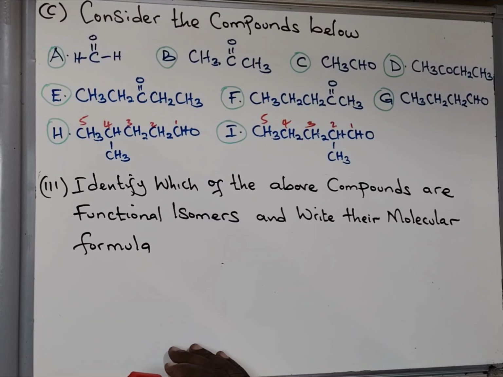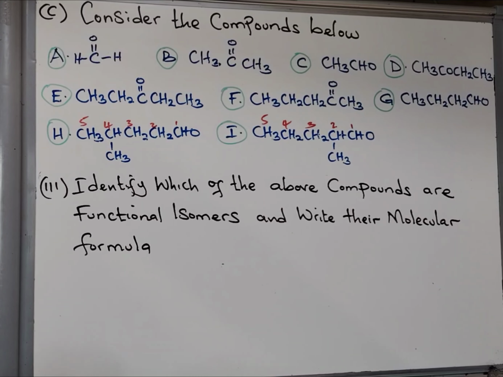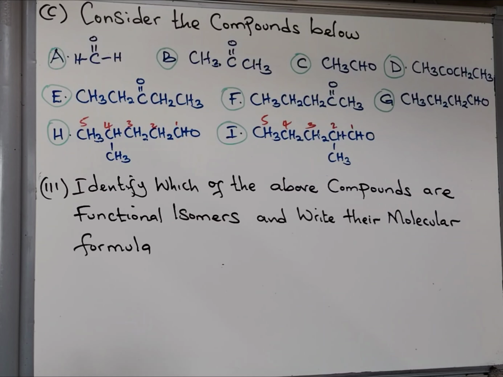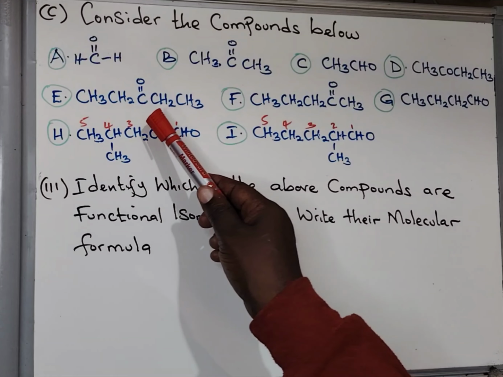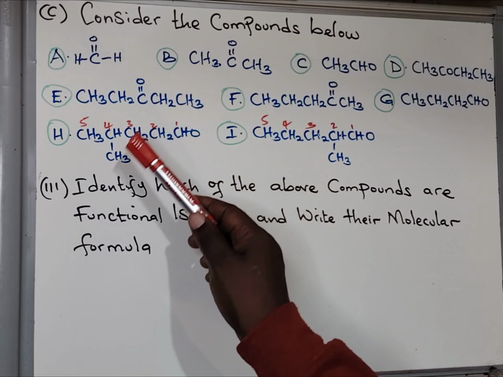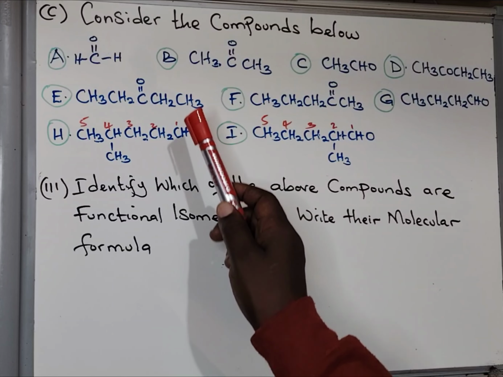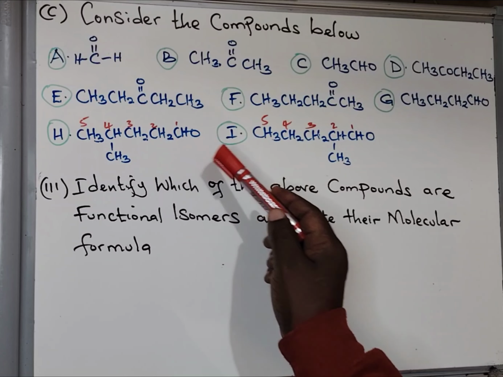These are compounds with the same molecular formula but different functional groups. So in other words, let us look for those compounds which are of different homologous series, but have the same number of carbon atoms.